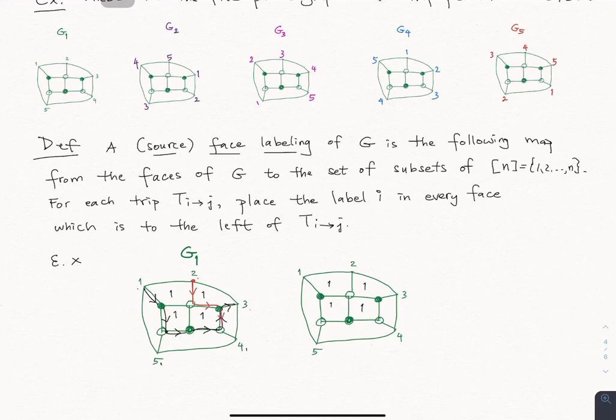I see a white vertex, I turn left. The faces that are to the left of the trip from 2 to 4 are these faces. So I write down 2 in those faces.